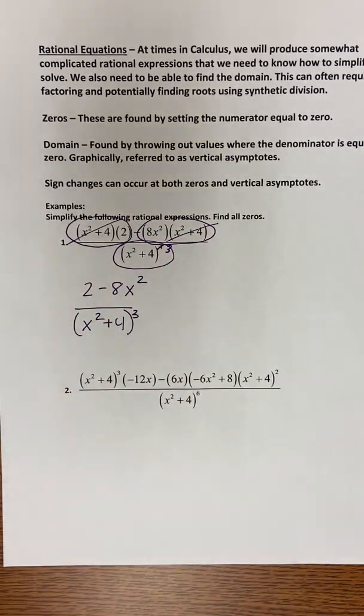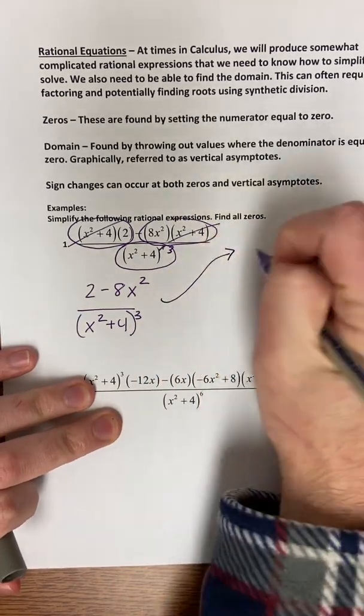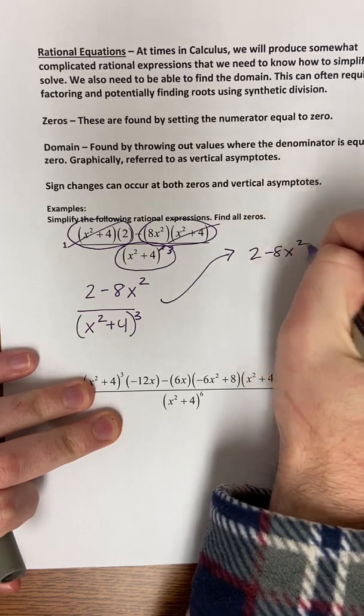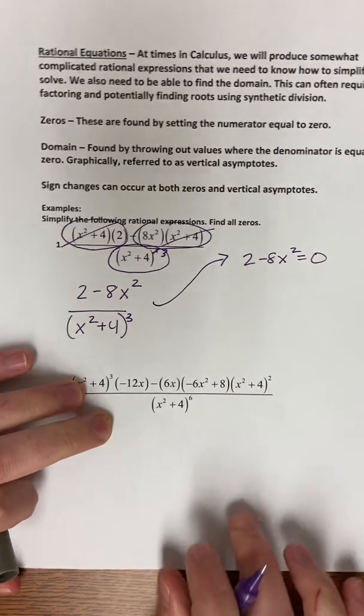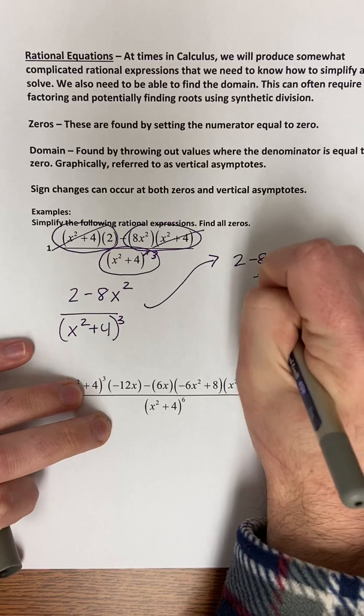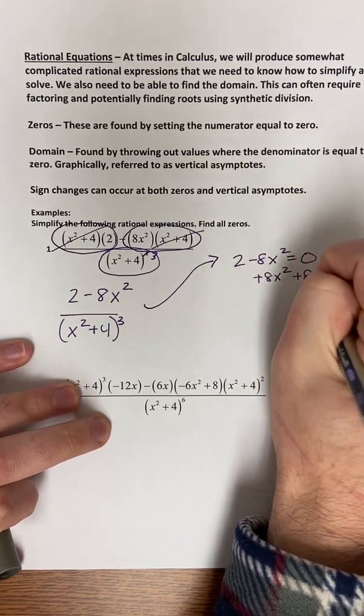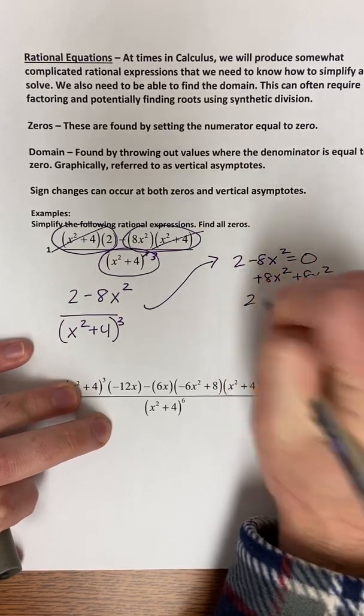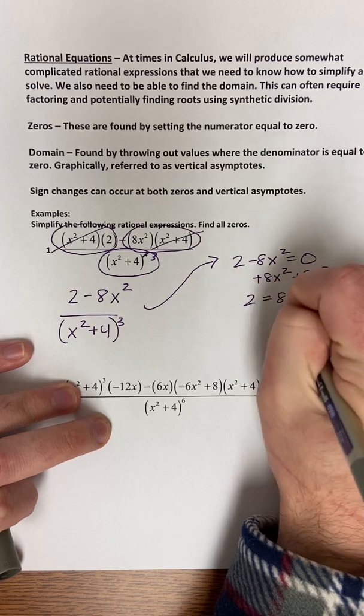Now, unless there's an x squared plus 4 now in our combination in the numerator, there should be nothing else that we can cancel. But it also wants us to find the zeros. So again, if it wants the zeros, we will take the numerator and set it equal to 0, and we will solve for x from there. So we add 8x squared to the other side. I mean, you could keep the x squareds on the left, but I'm going to move it over here.